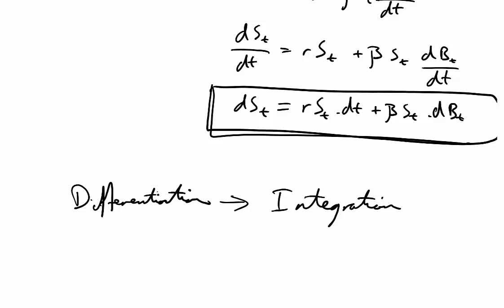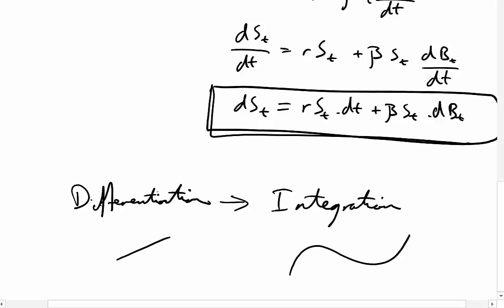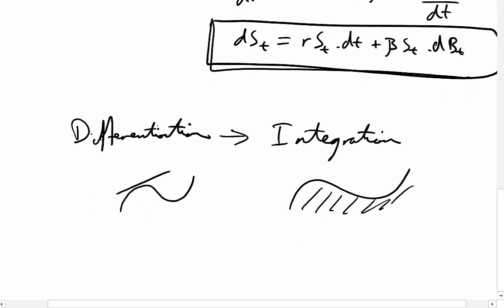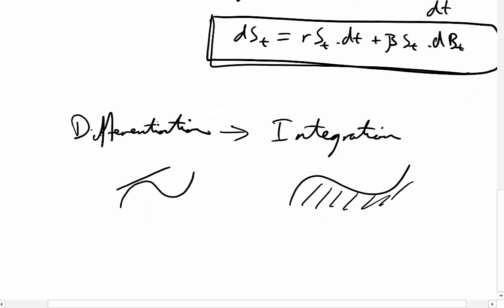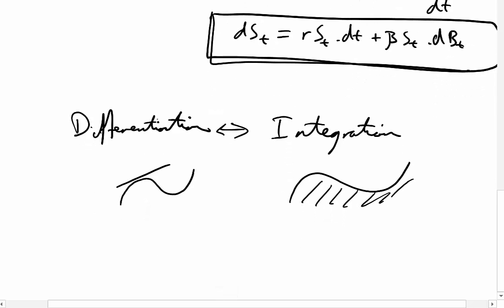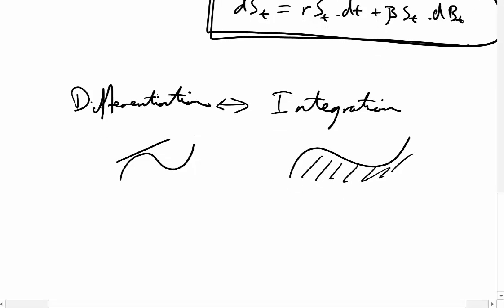Differentiation is finding the gradient of a curve, whereas integration is finding the area underneath the curve. So you can see that they're two different things, but equally, by the fundamental theorem of calculus, they are actually inverses of each other. If you differentiate something, you can always get back to that something by integrating.